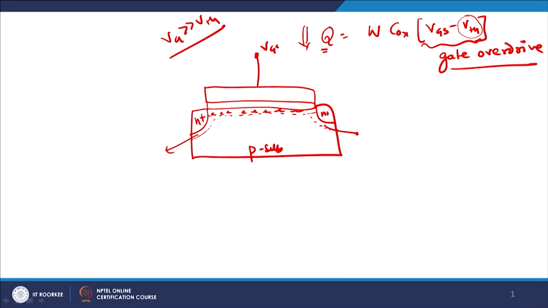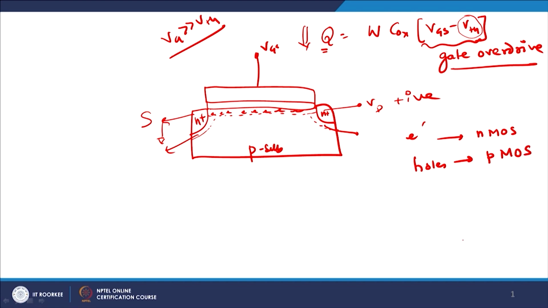You will ask me where these electrons are coming from. They are being supplied either by the source side, which is generally grounded, or by the drain, where we generally apply a positive bias in case of an N channel MOSFET. Now, if the charge carriers here are electrons, we define this to be an N MOSFET, and if they are holes, then we define that to be a PMOS, or P MOSFET.